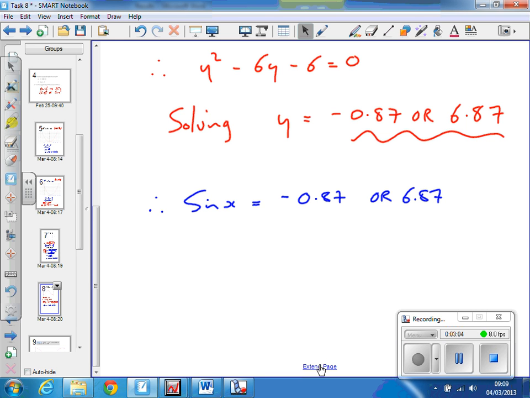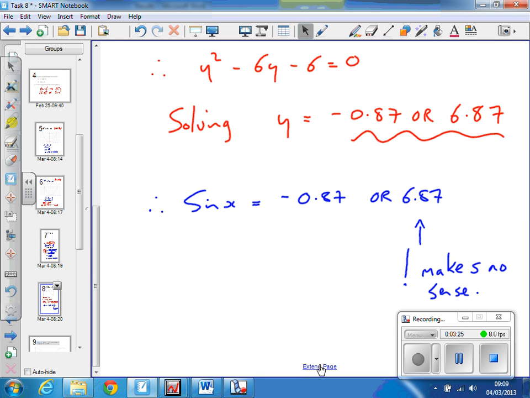However, that makes no sense. So we've got to then think about applying this to a trigonometric function. If we look at the sine function, sine of x, it goes between +1 and -1.